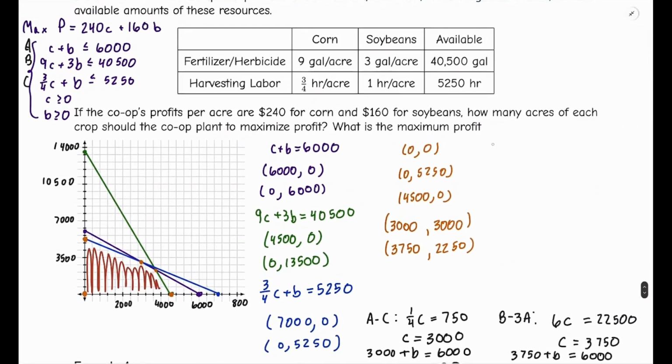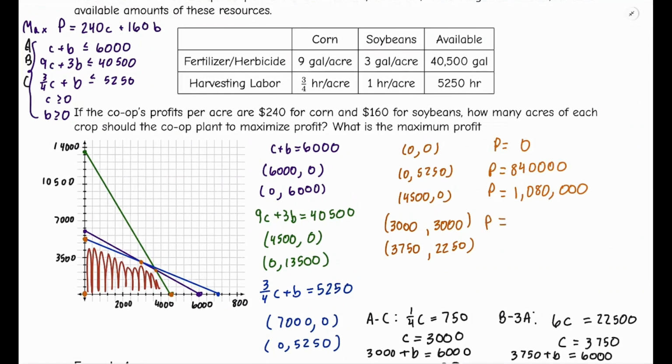Now we're going to plug those in. I'm not going to write out actually plugging them in, I'm just going to type in my calculator. 240 times 0 plus 160 times 0 is 0. 240 times 0 plus 160 times 5,250 is 840,000. 240 times 4,500 plus 160 times 0 is 1,080,000.